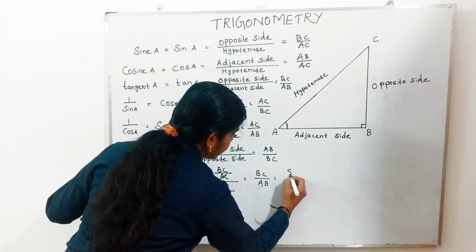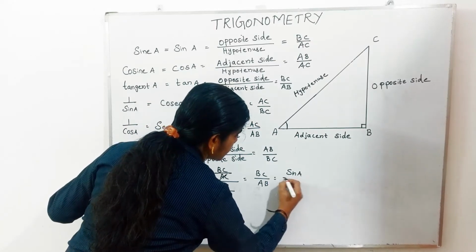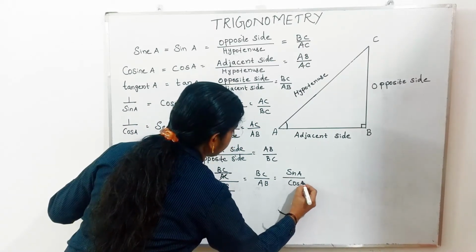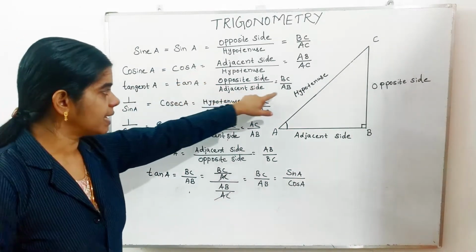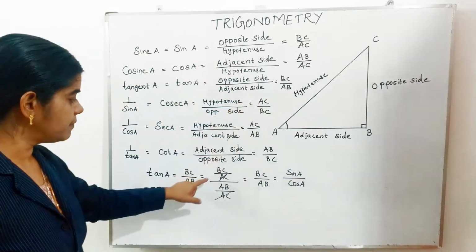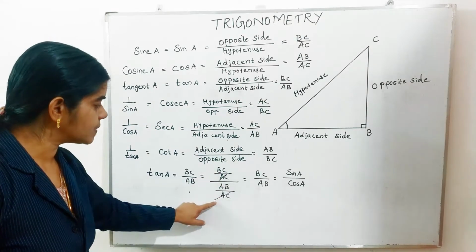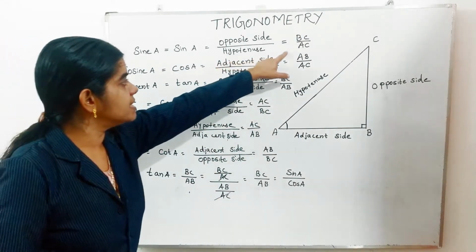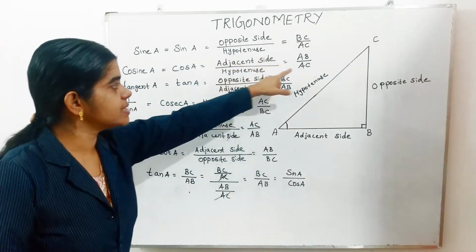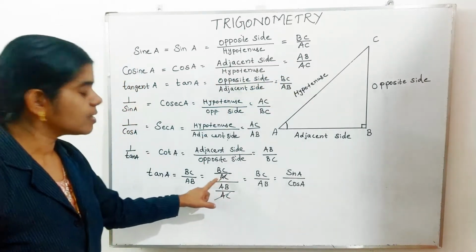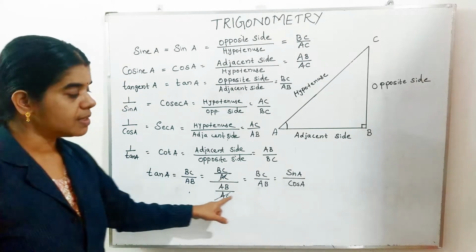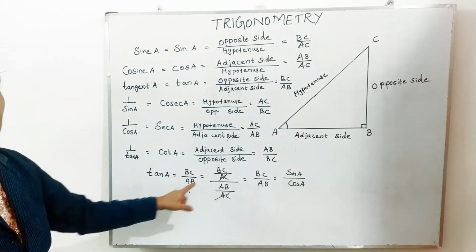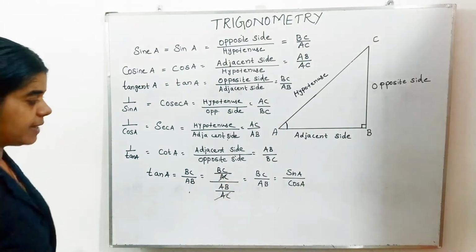So we can say that tan A is equal to sin A by cos A.